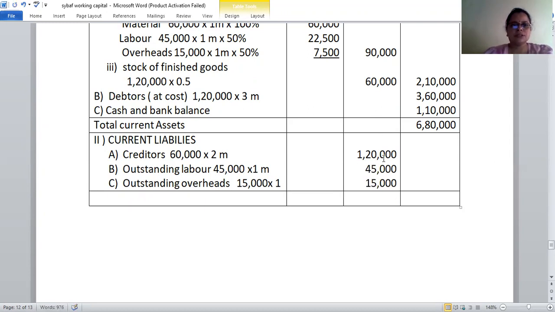Make the total of these, these will be your total current liabilities. Now make the total of these three: 1,20,000 plus 45,000 plus 15,000, that is equal to 1,80,000.